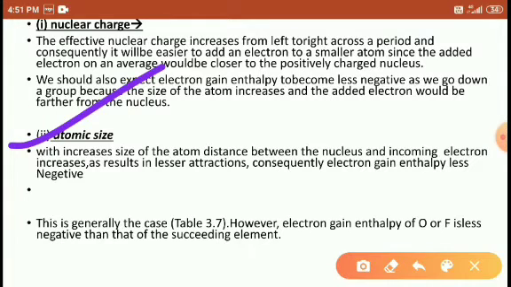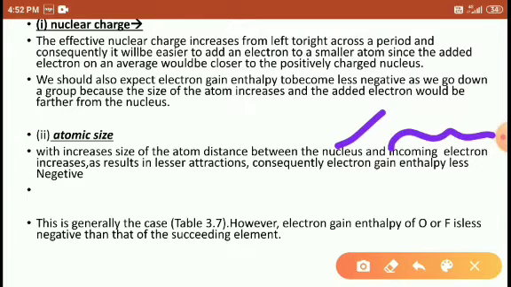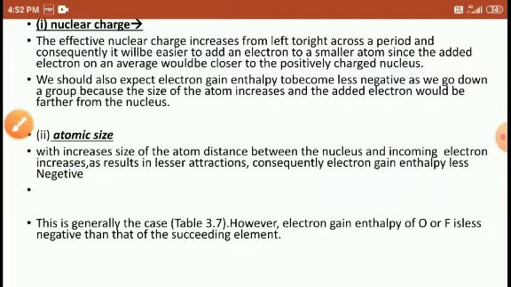Atomic size increases the distance between the nucleus and the incoming electron. Look, students, the distance between the nucleus and the incoming electron increases, as a result there is less attraction, and consequently the electron gain enthalpy is less negative, right?